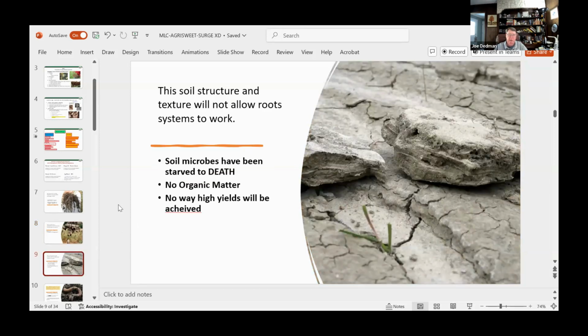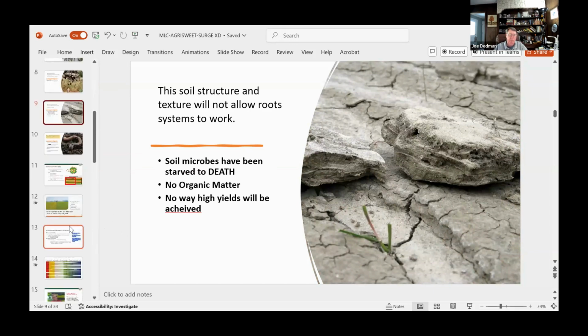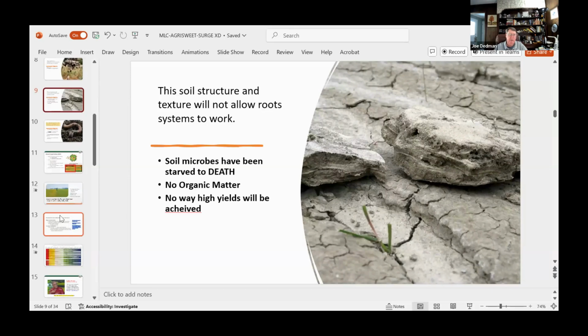And then when I was talking about, again, more soil structure and texture here of it crusting over, you can't get the plant to emerge through it. Sometimes they die underground if it crusts over very heavy. So yeah, it's very, very important that we're dealing with soil health.